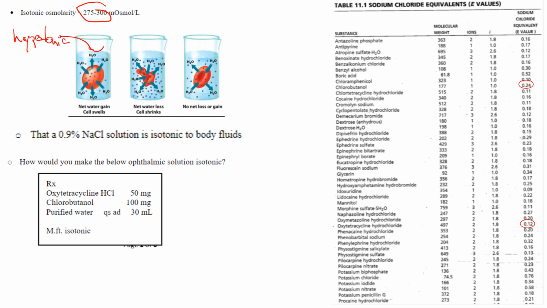And essentially what this will do is, since water will follow solutes in a solution, if there's more solutes in our cell, water will be pushed into the cell, and that can cause the cells to swell or even burst. Alternatively, what happens if we use a solution that has too many particles, too many solutes on a cell?